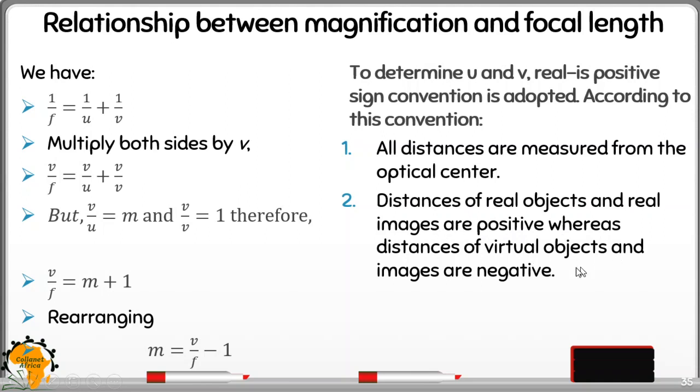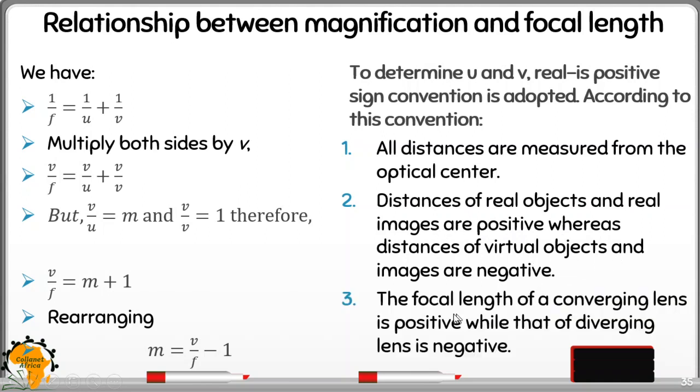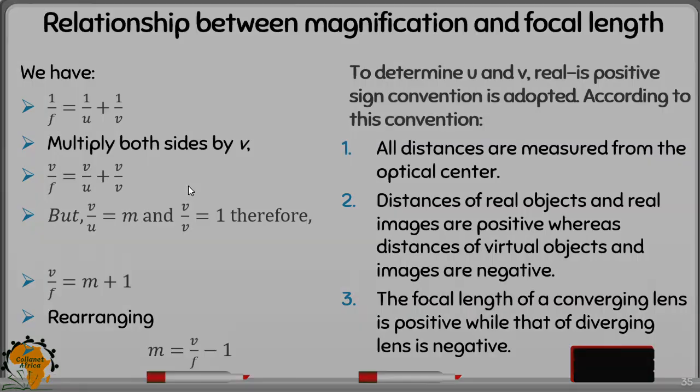For virtual distances, we use the negative sign. Then the focal length of a converging lens is positive because it is real, while that of a diverging lens is negative. So we are going to use these 3 when we are using this formula in case we want to determine any value, that is either F, U, or V.